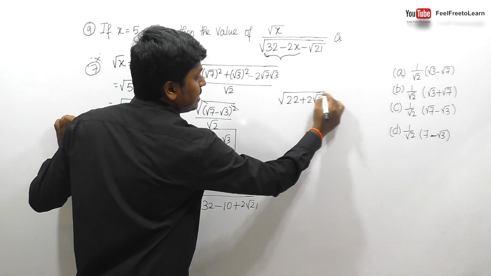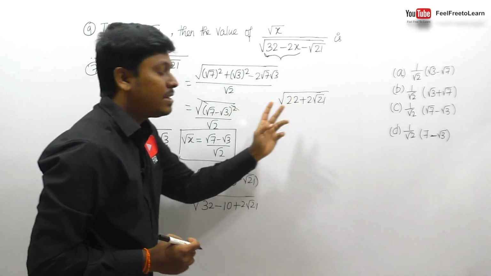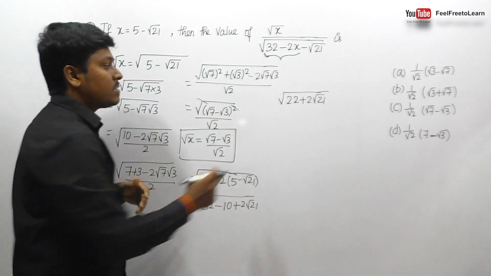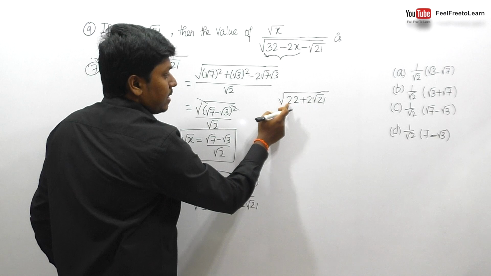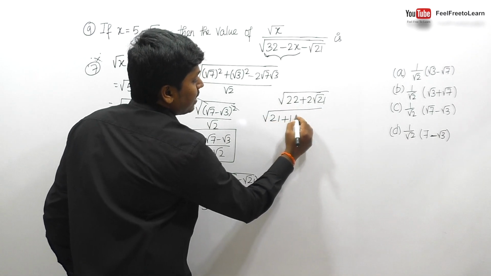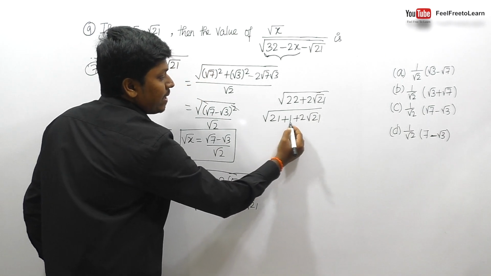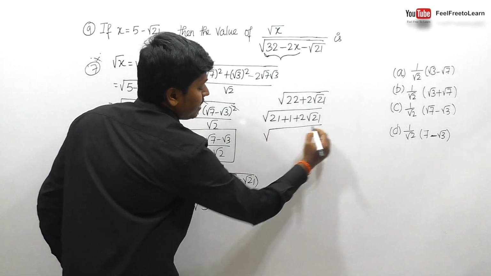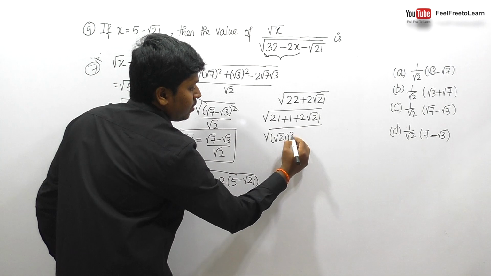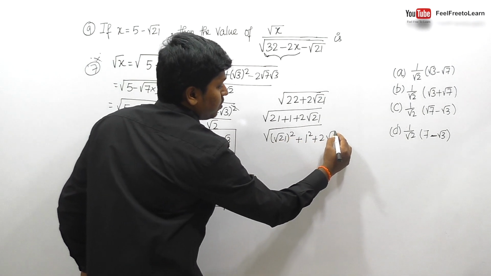Friends, again this expression looks like this format, so we need to convert it in terms of (a plus b) the whole square. Here it is root of 21. I can split this 22 as 21 plus 1 plus 2 root 21, because a square plus b square plus 2ab. So a square can be written as root of 21 the whole square, b square will be 1 square, plus 2 root 21.